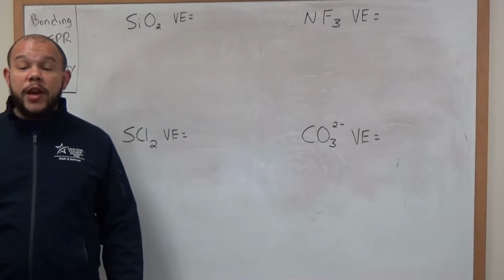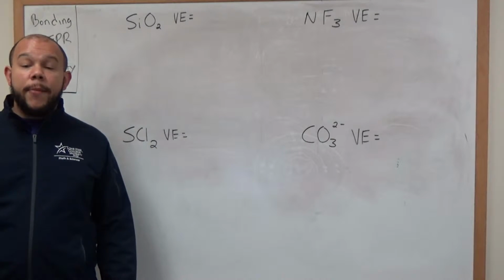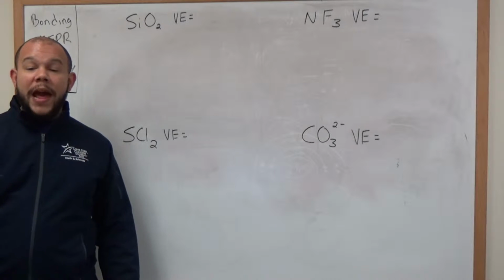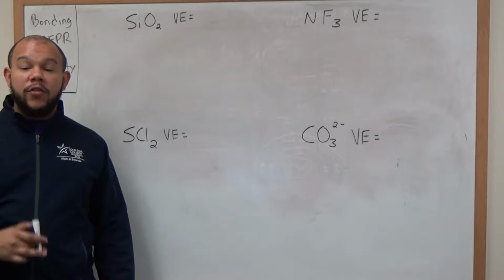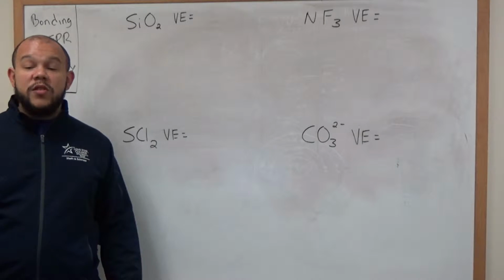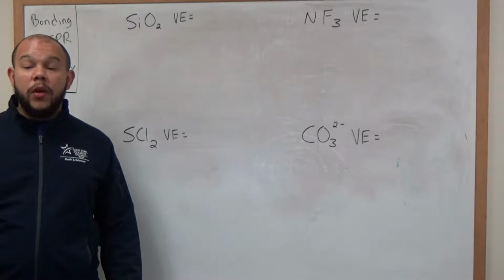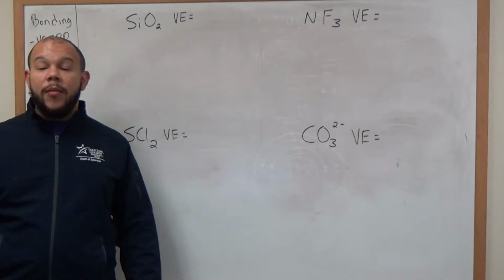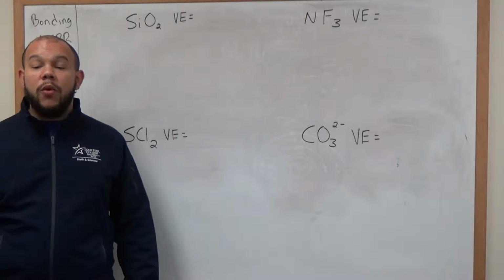What I'm going to do for each of these is go through first drawing the proper Lewis structure. Then we'll go back through and talk about polarity as a function of electronegativity, as a function of position on the periodic table. Then we will decide whether it is a polar molecule or not, based upon whether it has a net dipole or not.